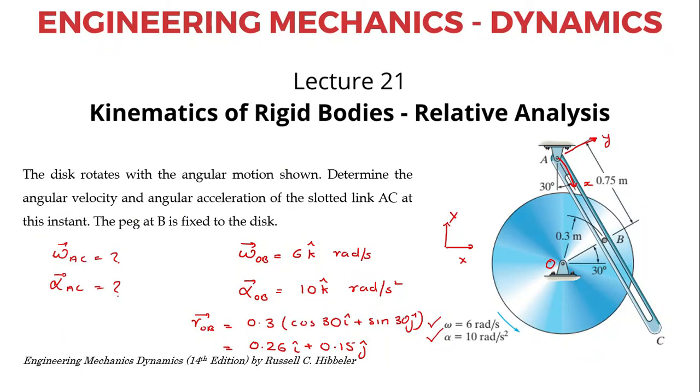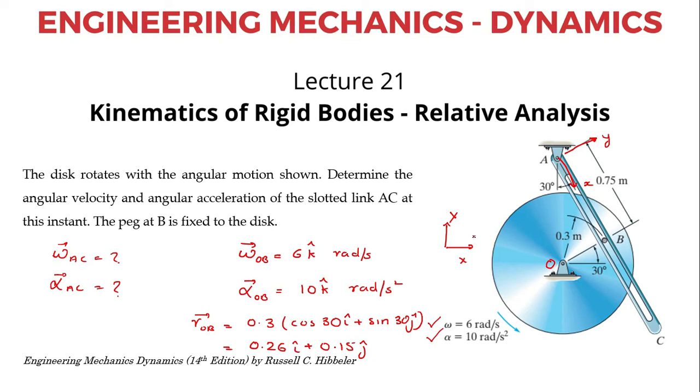Next, our step is to find the corresponding motion of small xyz relative to capital XYZ, the secondary reference frame relative to the fixed reference frame.